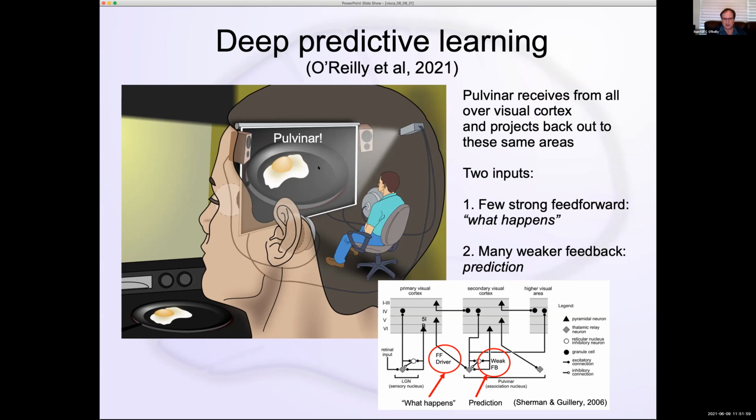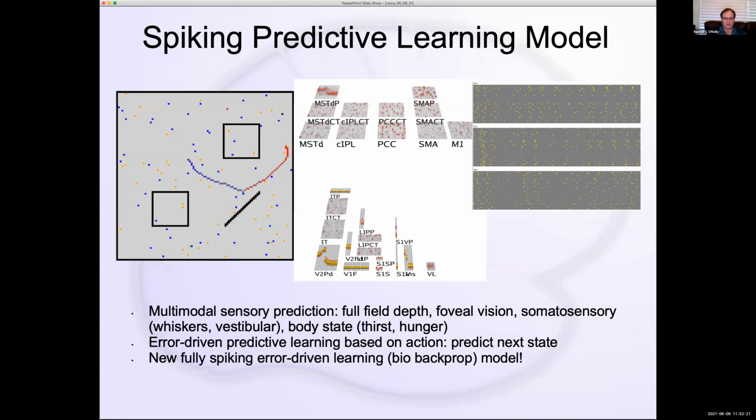That's the area of the thalamus we're talking about. You imagine what's going to happen next, and then you see what happens next. And the difference between those two is the source of error-driven learning in the brain, we think, that drives learning in these different pathways. So you're essentially always making a prediction of what's going to happen and learning based on the differences between your predictions and what actually happens.